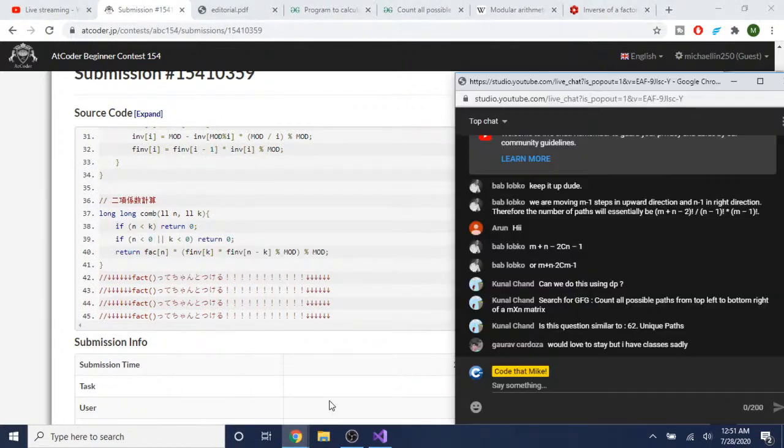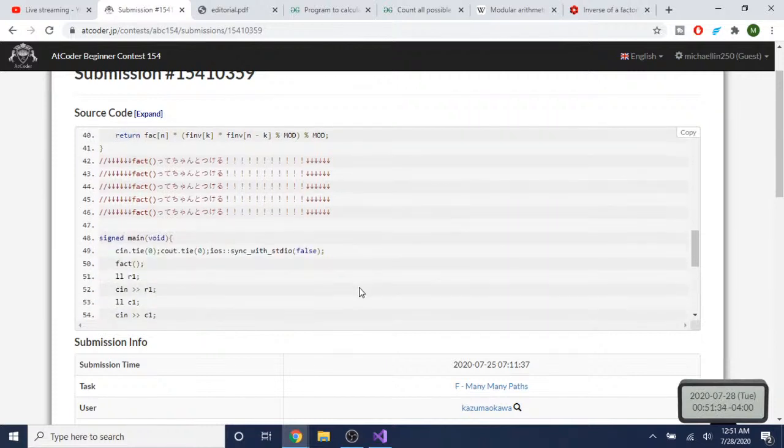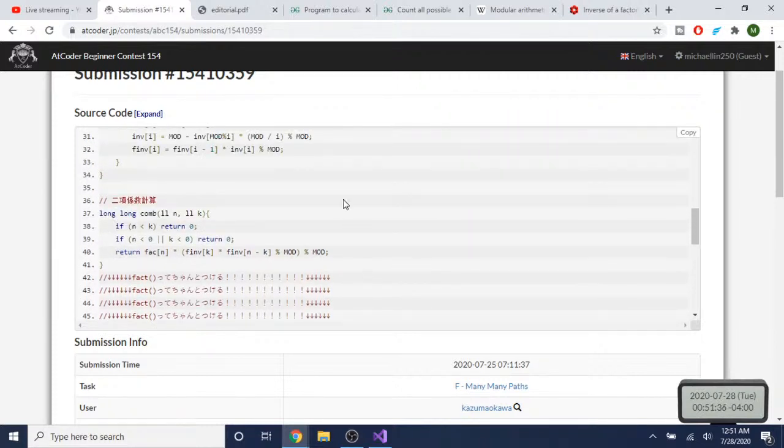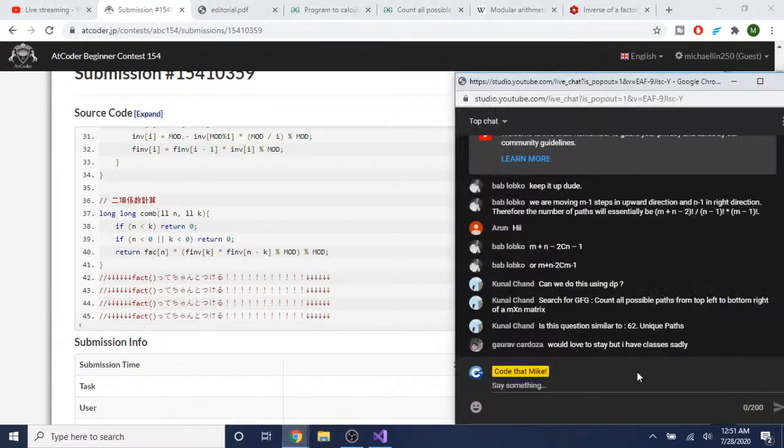So anyone in the chat, if you understand... yeah, you got a lot of classes. It's okay. Love to stay, but you got classes. I know everyone has classes. It's all right. By the way, do any of you guys here understand factorial inverse? Because I don't understand that. I'll put this question in the chat. Any of you guys understand factorial inverses?